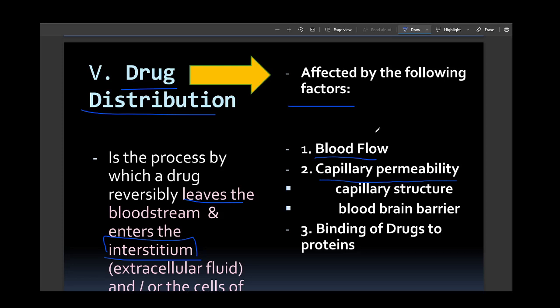Okay, if we increase the blood flow, there is increased blood distribution. There is capillary structure and blood-brain barrier in the capillary permeability, and the binding of drugs to proteins. Okay, and if the capillary permeability is more, there is more drug distribution occurs.